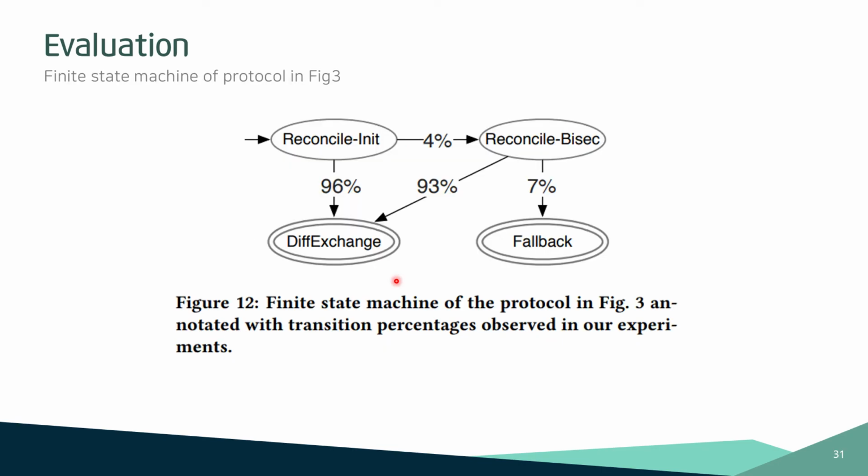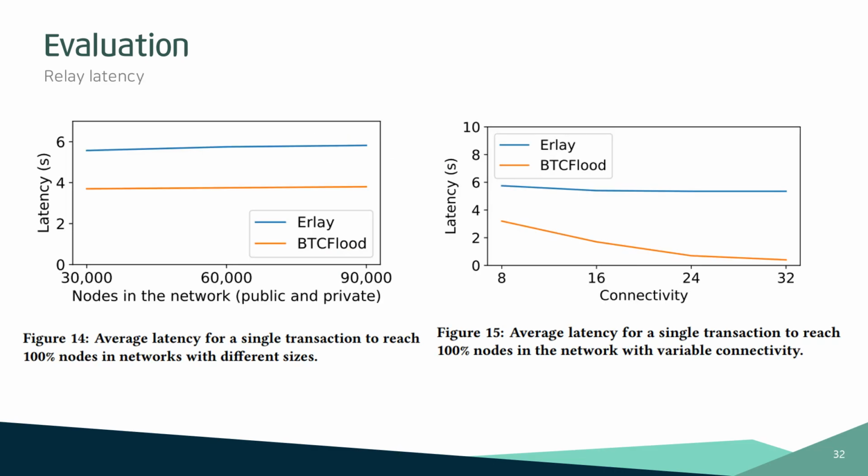This figure shows the probability of incorrectly measuring this, so moving to the reconcile bisect state and from bisect to fallback or diff exchange. The end-to-end probability of reaching fallback is below 1%. And in this set of experiments, we kept constant the ratio between private and public types of nodes at 9:1.